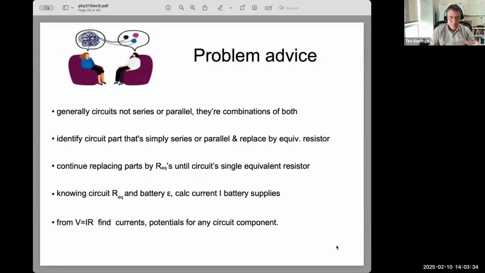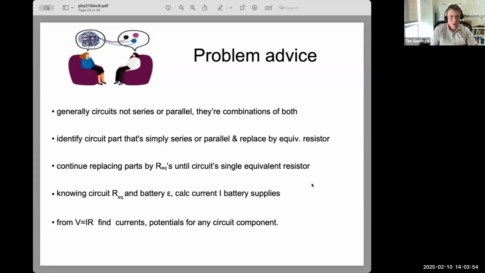The point is that generally circuit problems are not simple series circuits, not simple parallel circuits. General circuit problems are combinations of both. They involve both series and parallel combinations.